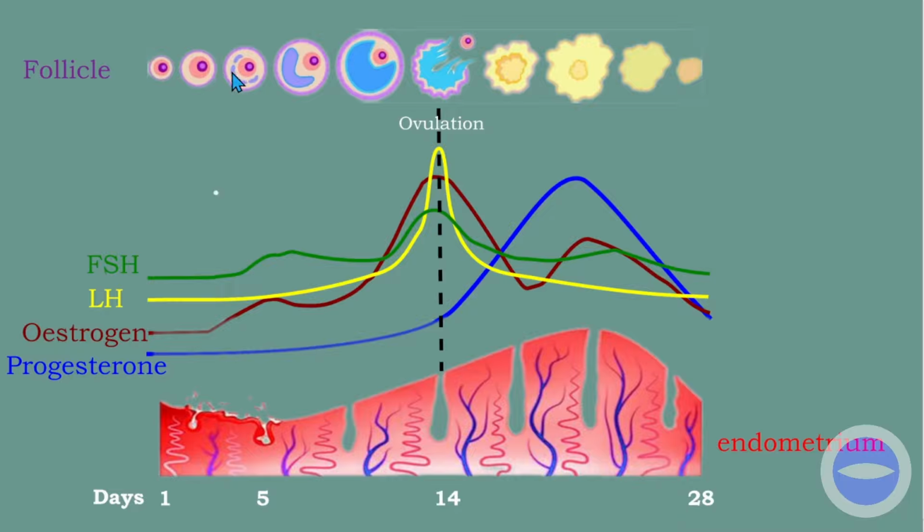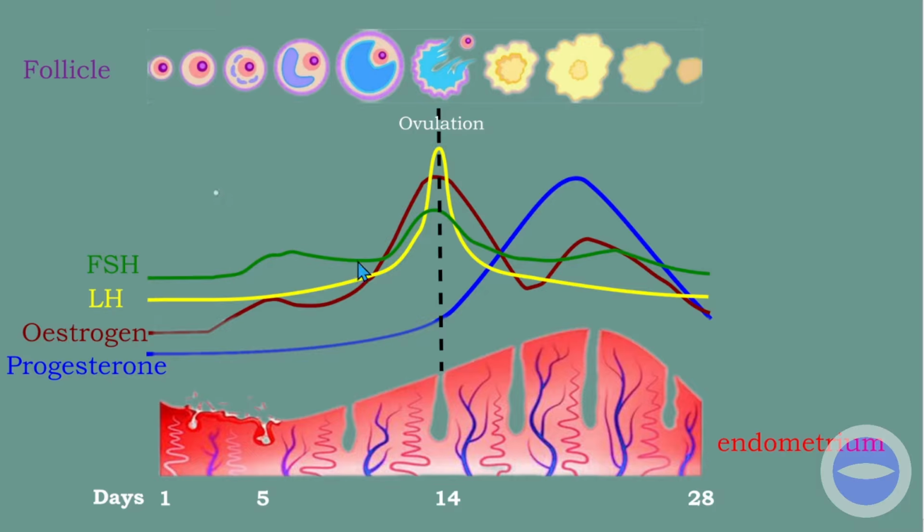Here the follicles are growing as a result of the FSH, and as the follicles grow inside the ovary, now we have estrogen. So the estrogen is also growing. If you see here, it has a little jump because these follicles are growing.